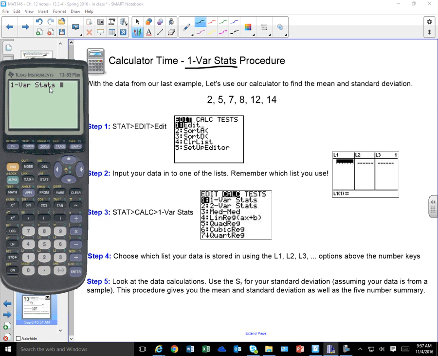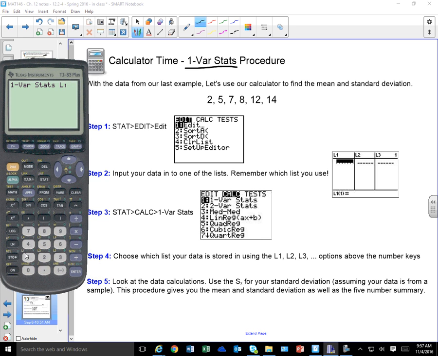Now on my calculator, this one that I'm showing you, it doesn't have any prompts that tell you what to put in. It's possible your calculator might have a prompt that says, where's your data? But if it looks like this, all you need to tell it is, where's your data? Our data is in list 1, or where I put mine.